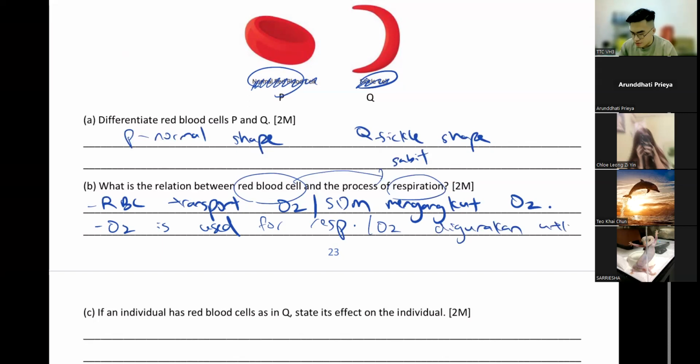Oxygen is one of the raw ingredients you need for cellular respiration, as in oxygen plus glucose equals carbon dioxide plus water plus energy. You learn this in Form 1.